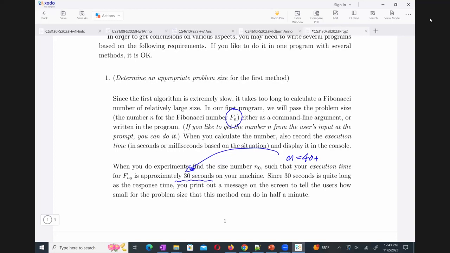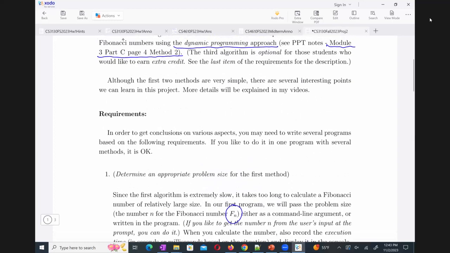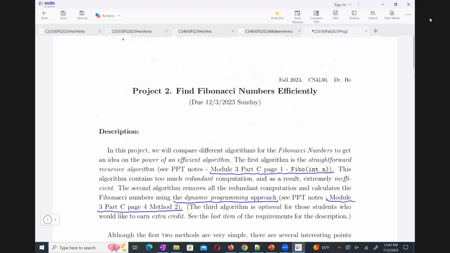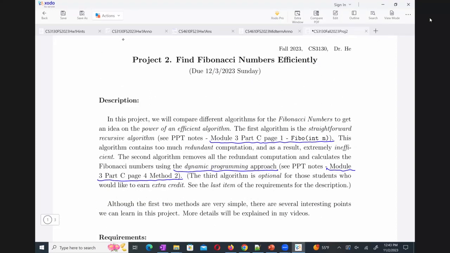I haven't told you how bad the first method is. Using this chance, let me tell you. Why do you need to wait so long? In big theta asymptotic notation, it is phi to the n.